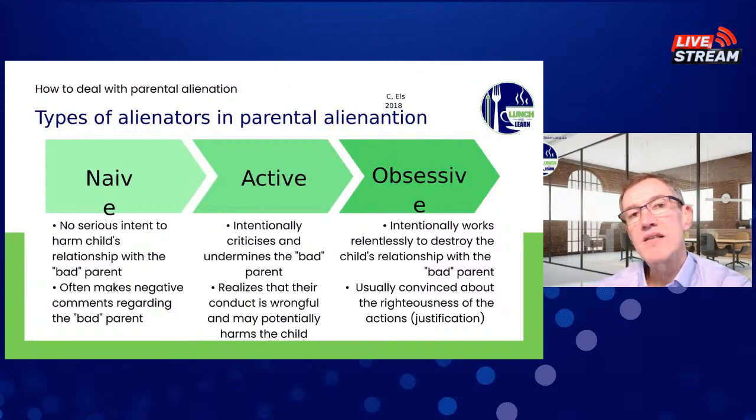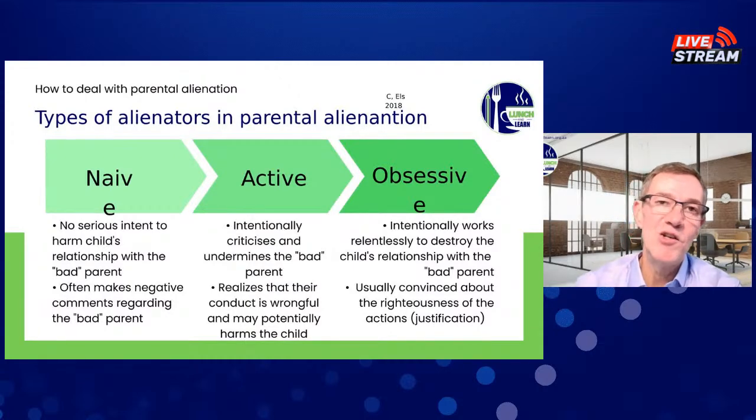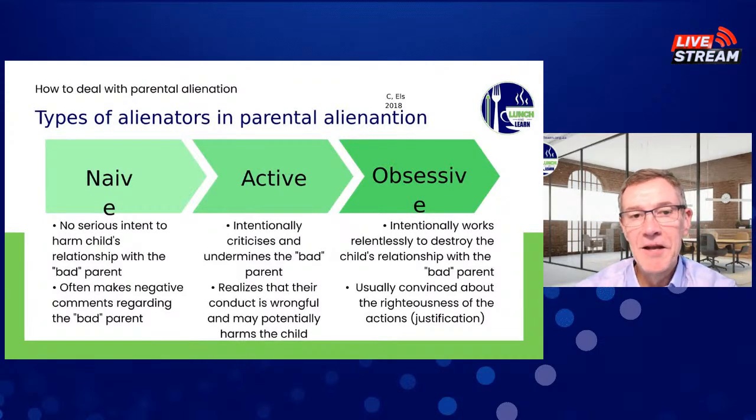So they would find justification for each and everything that they do, that it is in the best interest of the child, although it might not be that. But they intentionally work relentlessly day and night, and they will spend so much time on bad mouthing and putting the other parent down, that it could actually be detrimental to their own health and their own mental well-being.